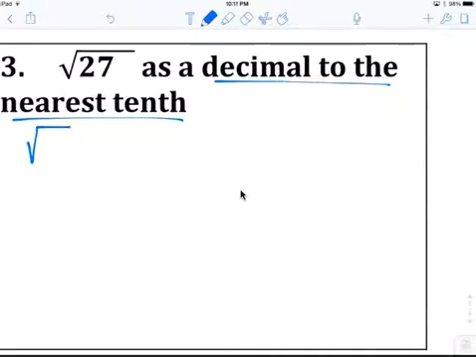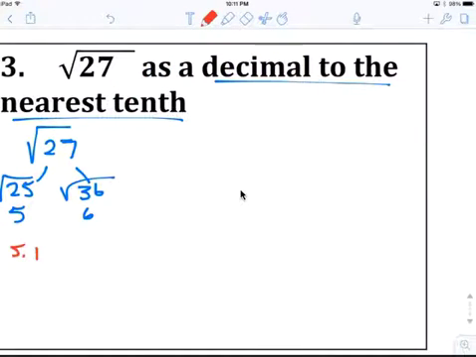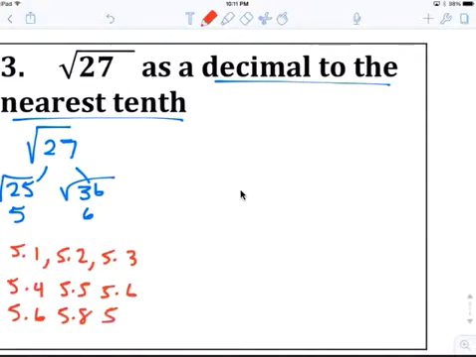Now the square root of 27 is between the square root of 25 and the square root of 36. So your answer is between 5 and 6. So all your possible answers, remember, are 5.1, 5.2, 5.3, 5.4, 5.5, 5.6, 5.7, 5.8, 5.9, and then 6, which is this one.